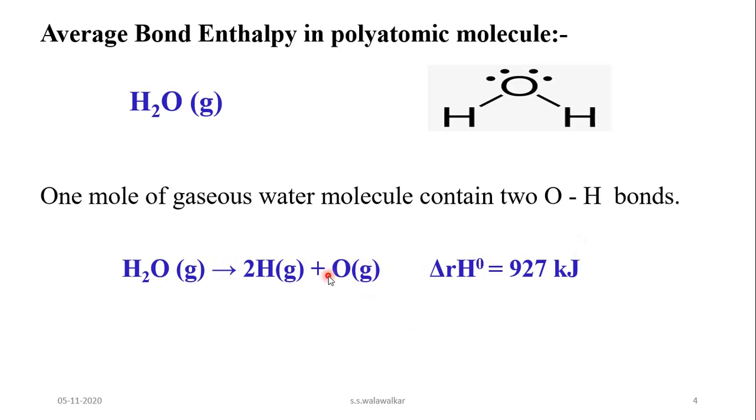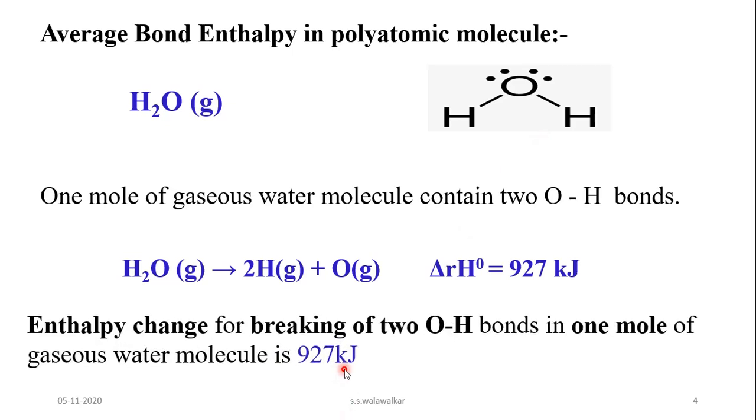When the water molecule decomposes in a gaseous state, it gives 2 hydrogen atoms in a gaseous state and 1 oxygen atom in a gaseous state, then amount of energy required is 927 kilojoules. This is the standard enthalpy of reaction, and it is nothing but the bond enthalpies of both these oxygen hydrogen bonds.